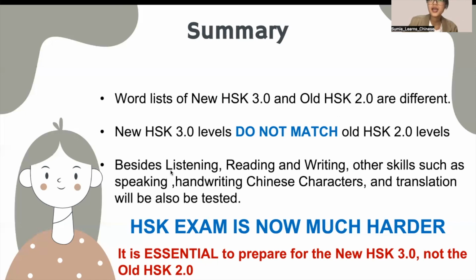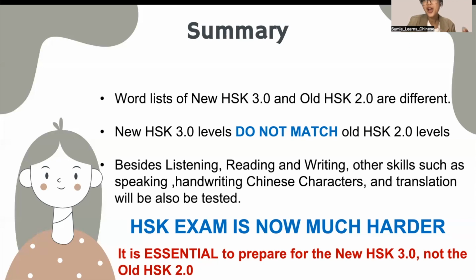Number three, besides listening, reading, and writing, which are the three basic requirements under HSK 2.0 levels, other skills such as speaking, handwriting Chinese characters, and translation will also be tested. So we are in full development.